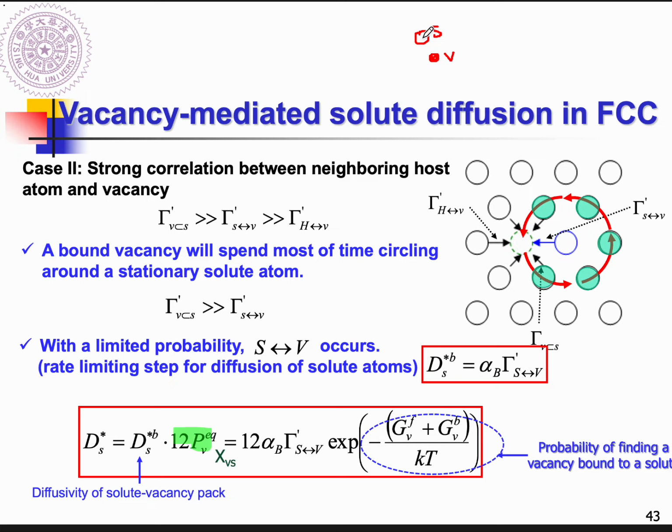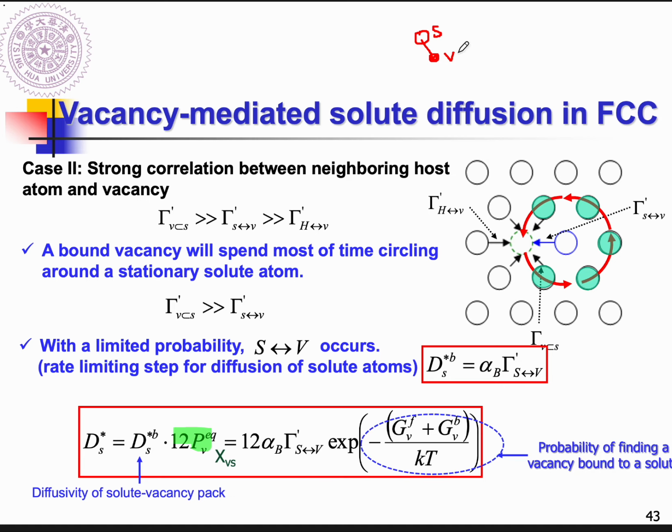So the solute always has a strong binding energy with the vacancy. So under these situations, the solute can show up in 12 different locations nearest the vacancy, right? Because they always jump together, how does this solute diffuse through this type of mechanism?